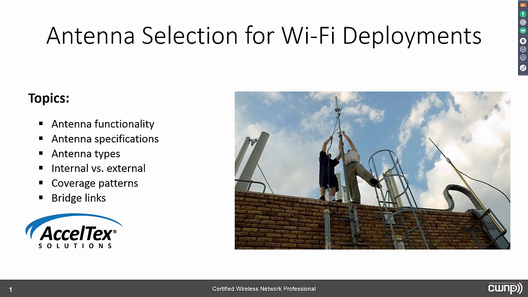And the reality is that there are some deployment scenarios, quite a few actually, that can benefit greatly by using APs with external antennas. Of course, we all know about bridge links, and we'll talk about those toward the end briefly, but the main focus here is understanding antenna propagation patterns, understanding how antennas radiate the RF energy such that you get the coverage that it should provide, and therefore how to select the better antennas for different deployment scenarios.